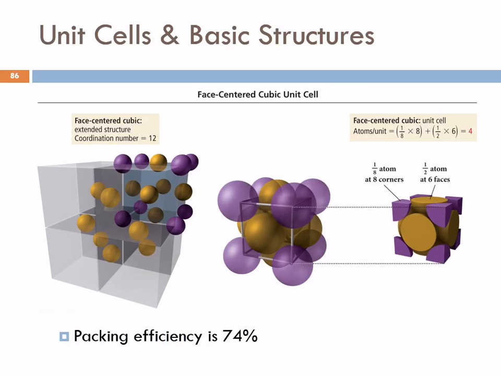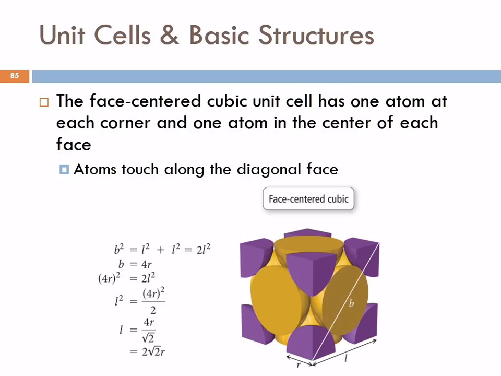Yes, question? This one? Yes. It says L equals 4R over square root of 2. How is that square root of 2 an X line? The 4 is the square root of 2 squared.